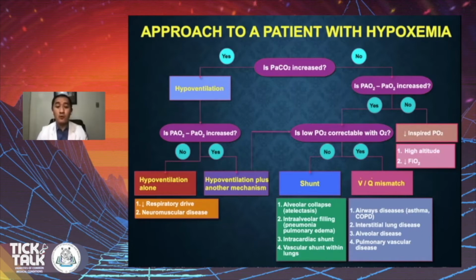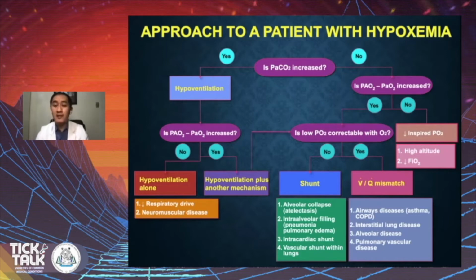If your PO2 is correctable with O2, you might be considering a VQ mismatch. The disorders in the purple box are, number one, airway diseases like asthma and COPD. Number two, interstitial lung disease, then alveolar disease, and pulmonary vascular disease. But if your alveolar arterial gradient is not increased, maybe there's a decrease in inspired PO2.